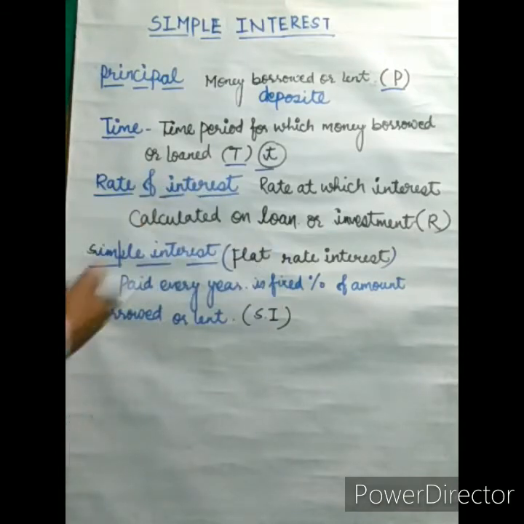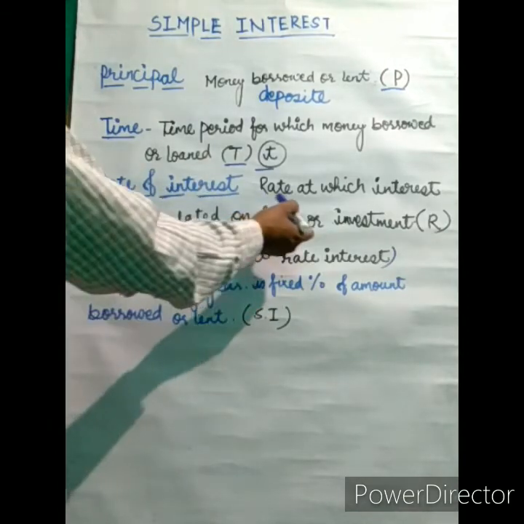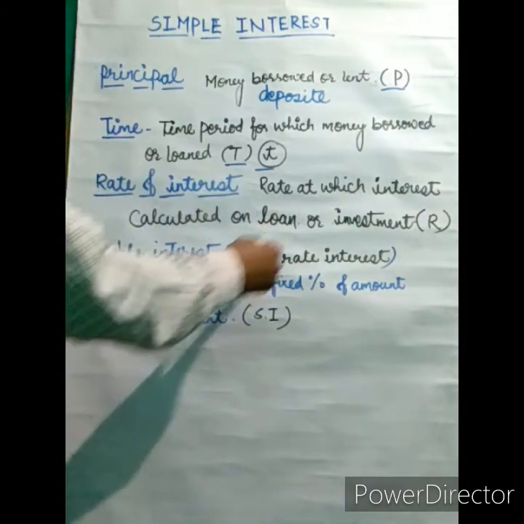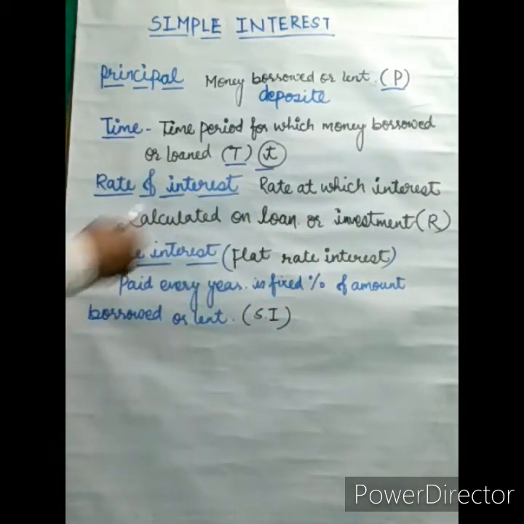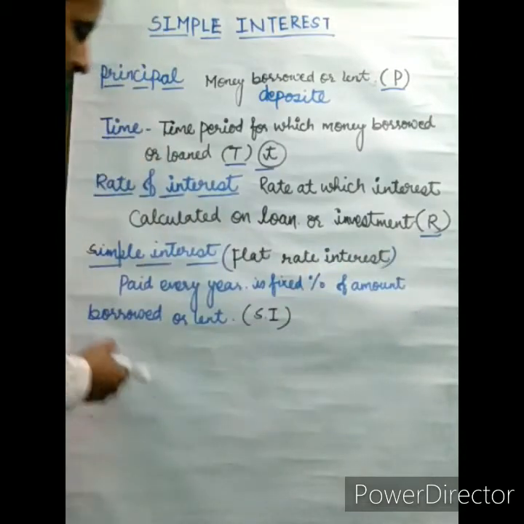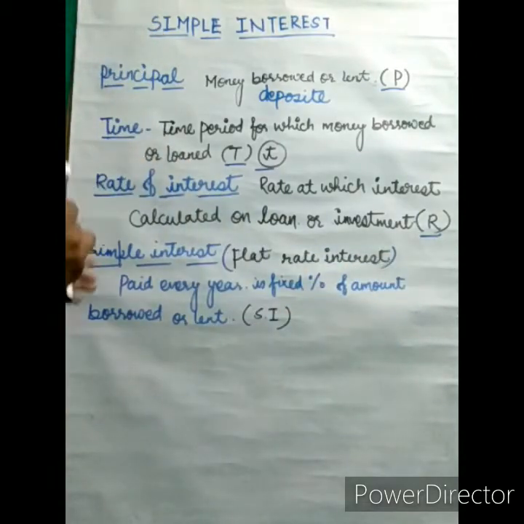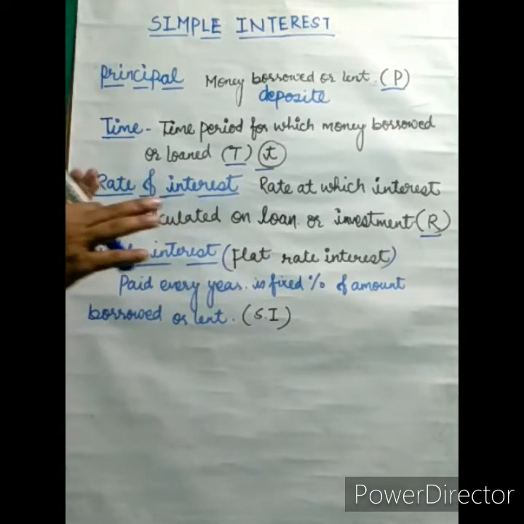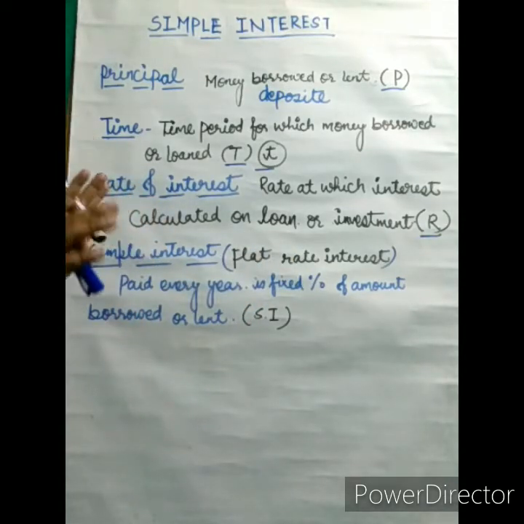At what rate the bank will pay us. The rate at which interest is calculated on a loan or investment will be denoted by R. Now simple interest is also called flat rate interest, which remains the same throughout the year for a particular amount.